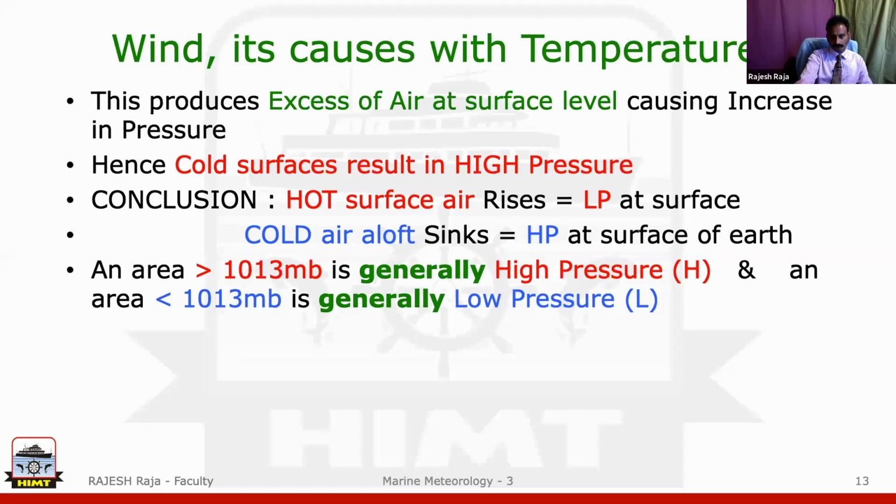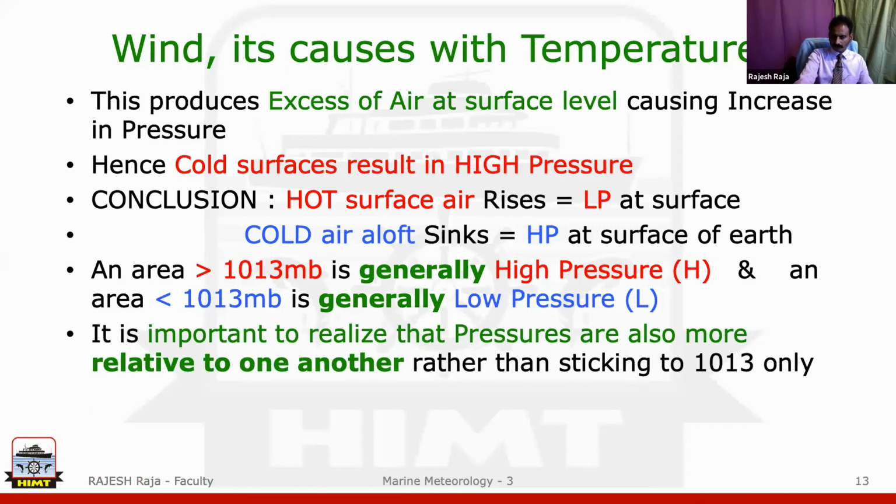We already saw in previous modules that the normal standard air pressure at sea level is 1013 millibar. Anything more than that is generally, the word generally I have highlighted, why? Because it is not always, there is something called relativity also. So, generally, more than 1013 is considered high pressure, and any pressure less than 1013 is called low pressure. It is important to realize that pressures are relative to one another also, rather than just sticking to 1013.